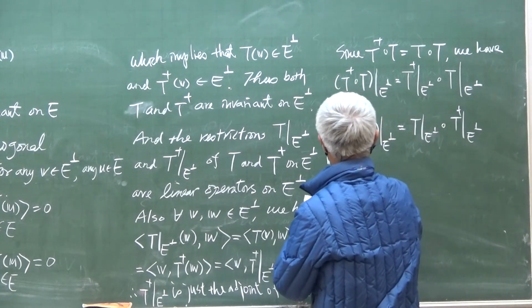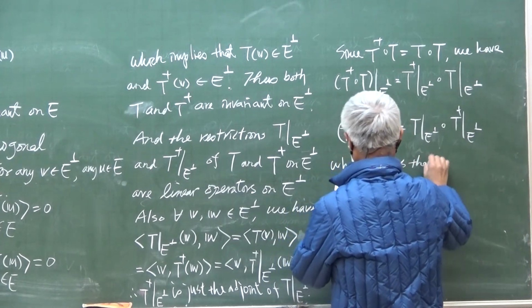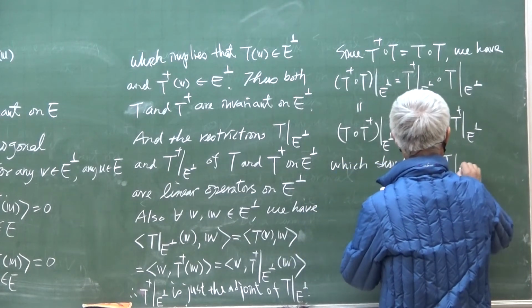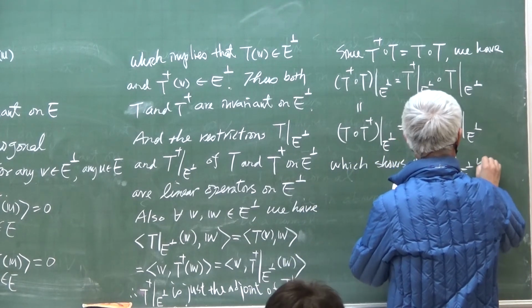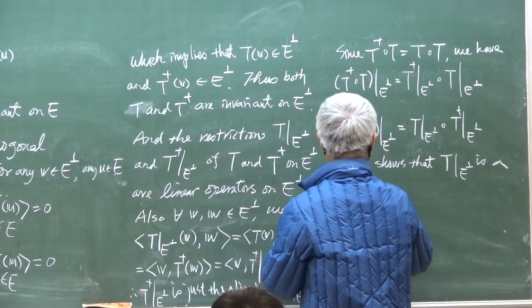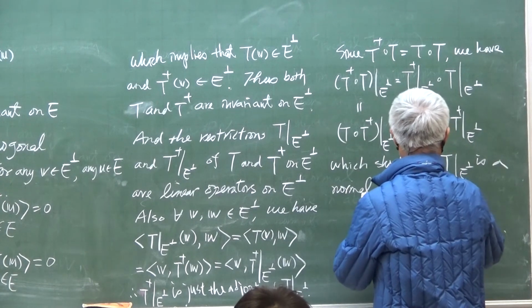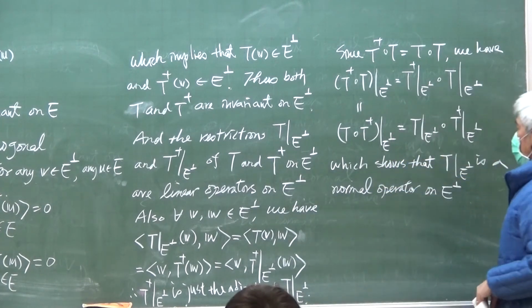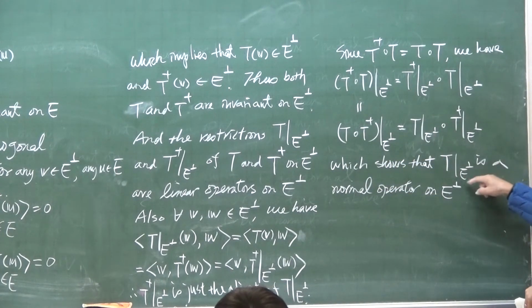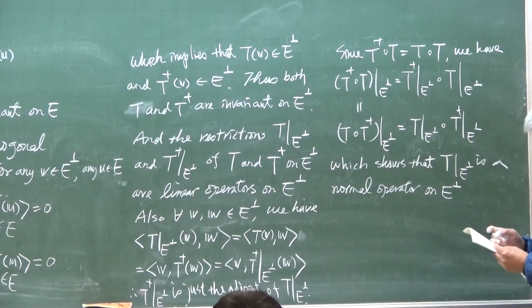Which shows that T restricted to E perp is a normal operator on E perp. Okay. So we show that this restriction is a normal operator on E perp.